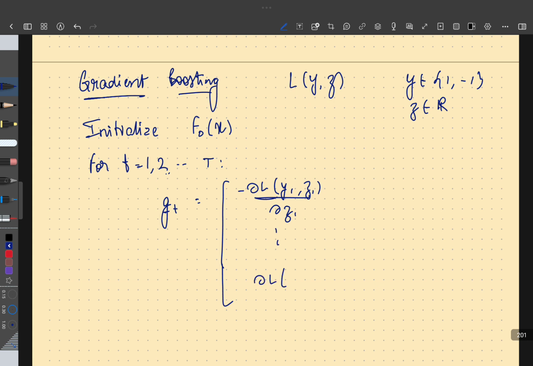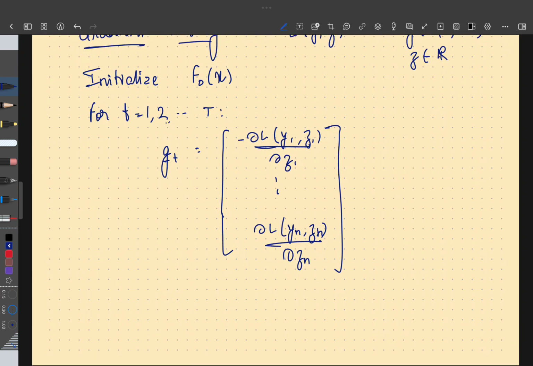The ith component is the partial derivative of L of yi, zi with respect to zi, and this is evaluated at zi equal to f t minus 1 of xi.